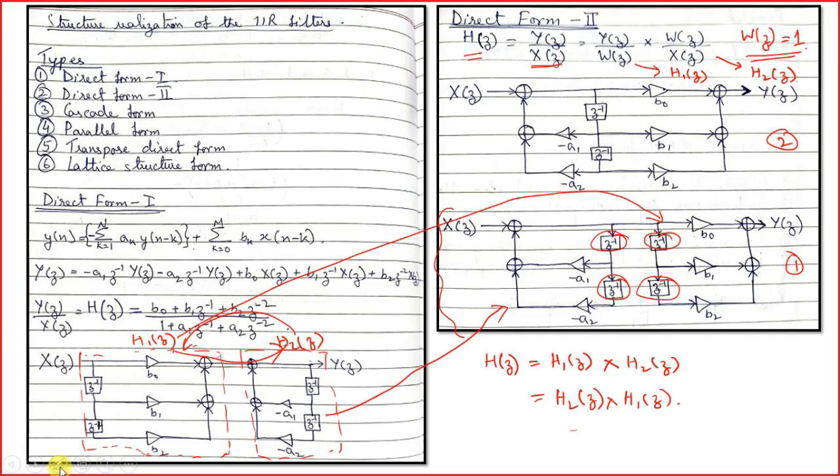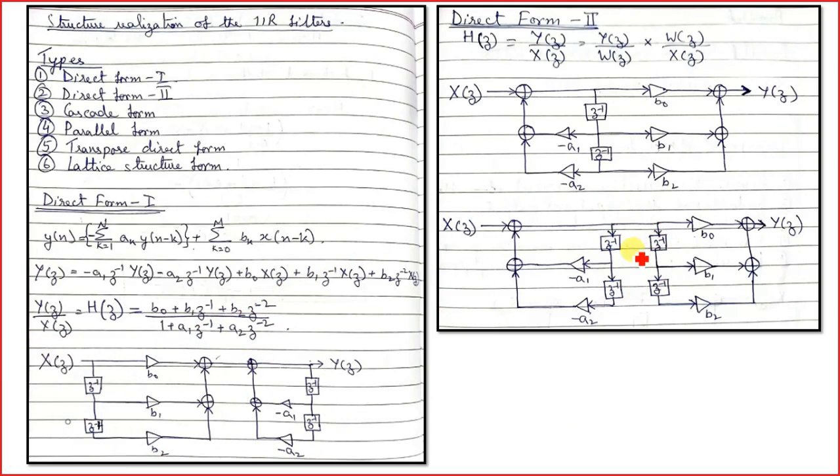So in the direct form 2, what it says is, let us combine these Z inverse terms to get a composite structure. So when we go from here to here, combining these two I have just put one Z inverse, and combining the next two I have drawn only one Z inverse. The rest of the thing remains the same.